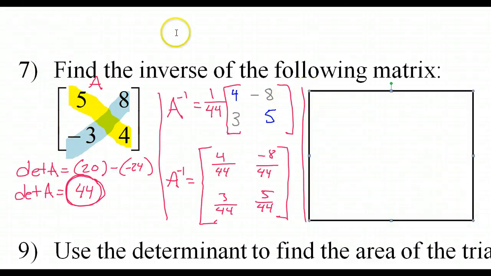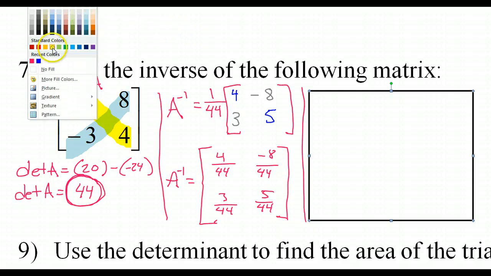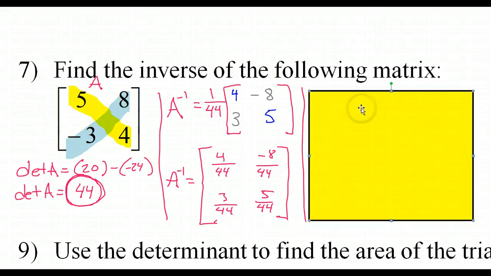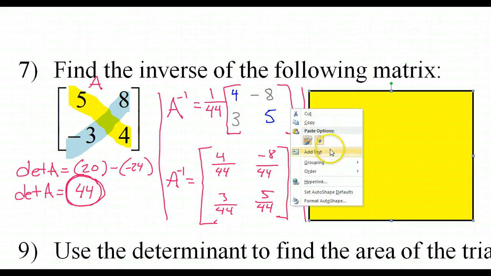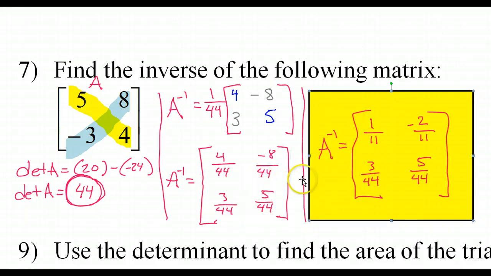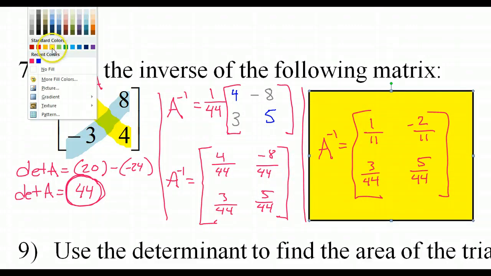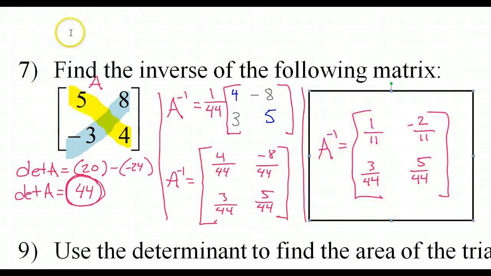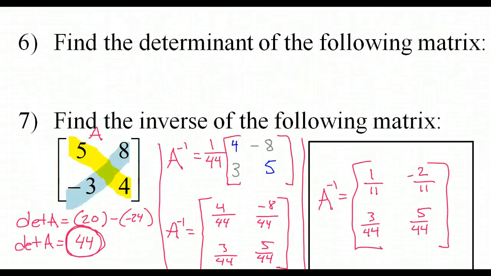I'm just going to put a little box around it. It's kind of hard to see, isn't it? Maybe that wasn't the smartest move. I'll just leave it white. Okay, that's the answer. So that was number 7.